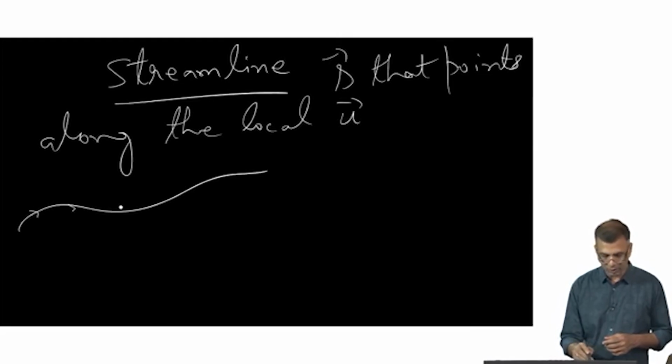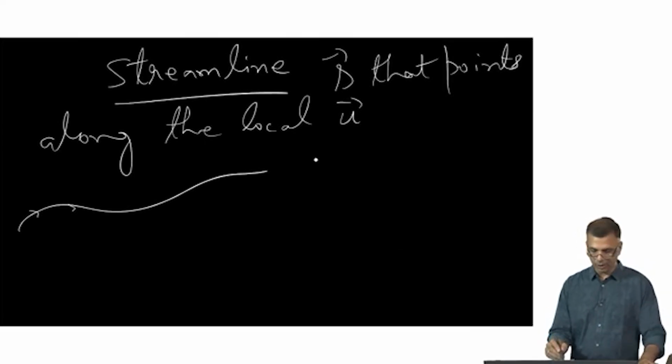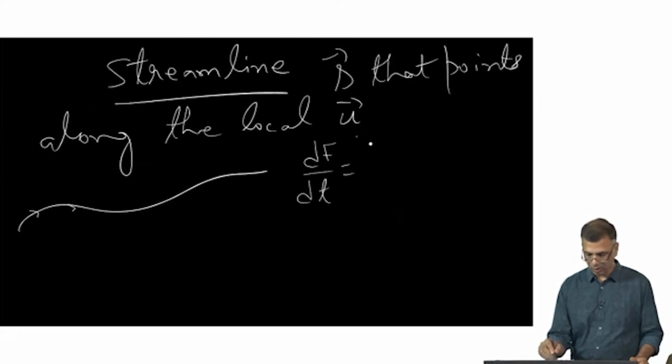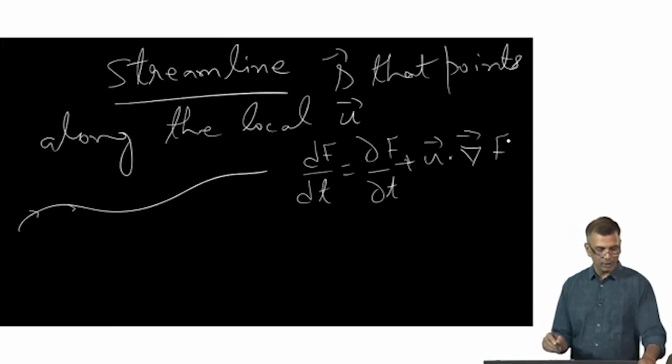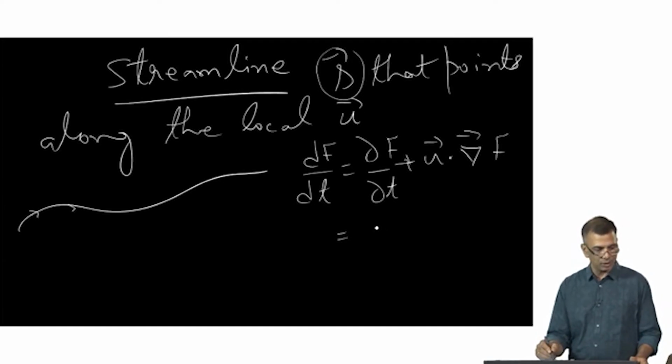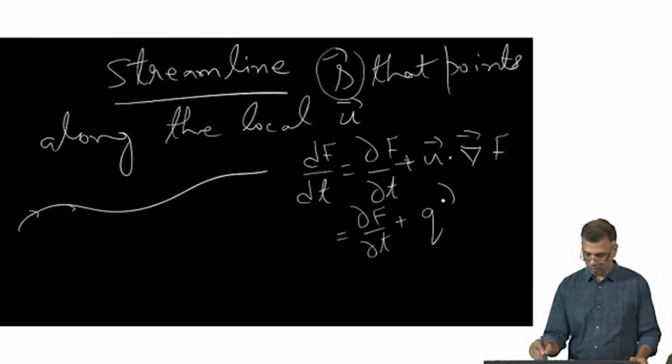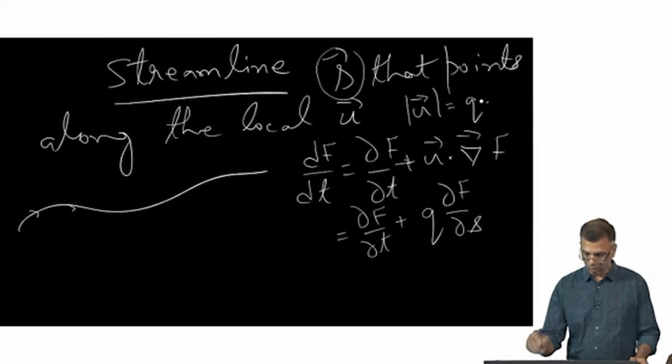Okay. So S is like so, and the advantage there is that this material derivative that we wrote down, and this is the way you relate it to this, is greatly simplified when you talk about a streamline coordinate S, and it can simply be written like that.